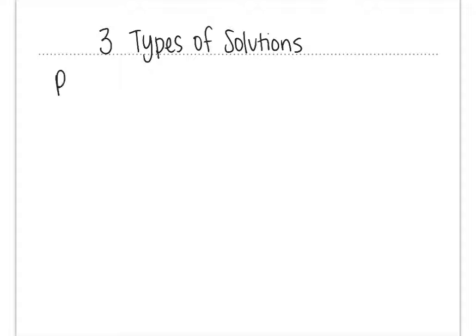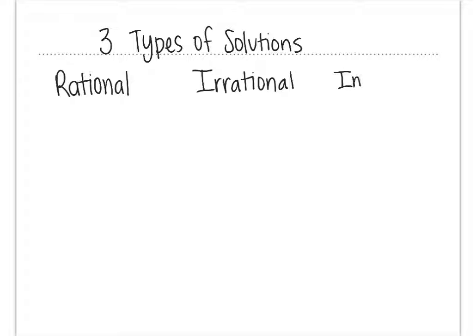When solving a quadratic equation, there are three types of solutions. You might have what's called a rational solution, an irrational solution, or an imaginary solution.